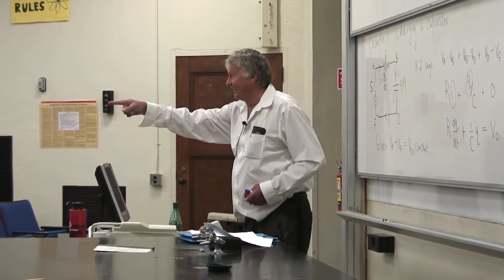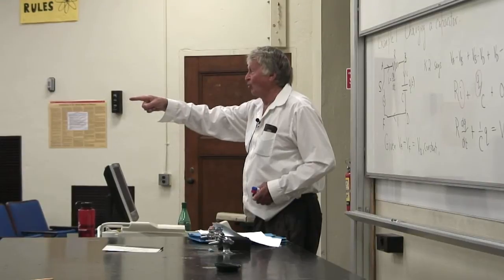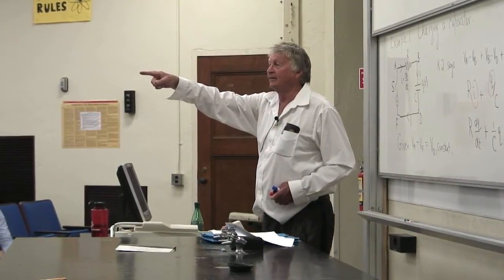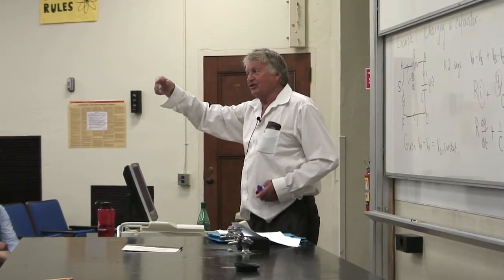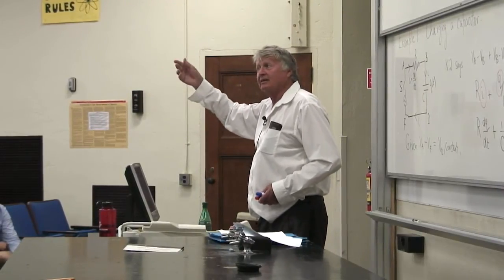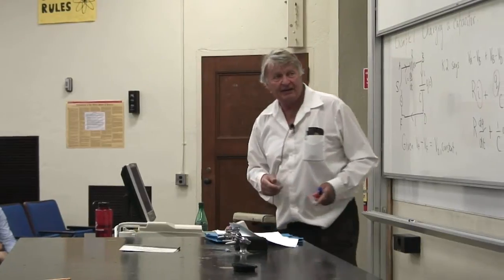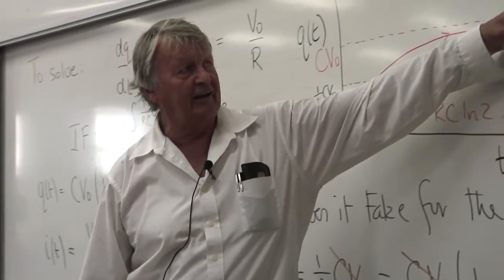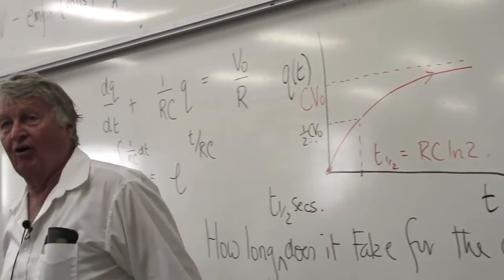Why? I'm suspecting it might overheat. Why would it overheat? The charge would be moving too fast. Yes, and charges moving is current. Take a look at the current. What would the current be initially if you made R very small?